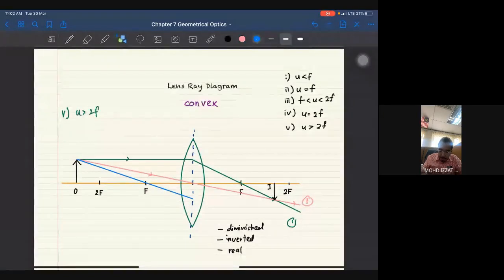Then it goes parallel straight to the principal axis. Remember, it will not interact with the same F. So basically it will try to interact with another F from the other ray.